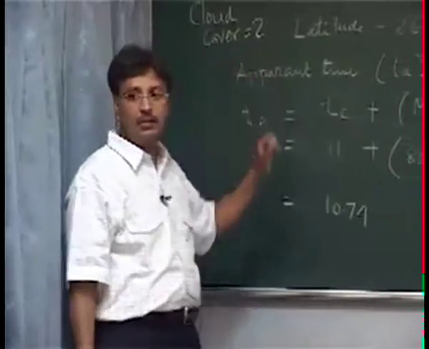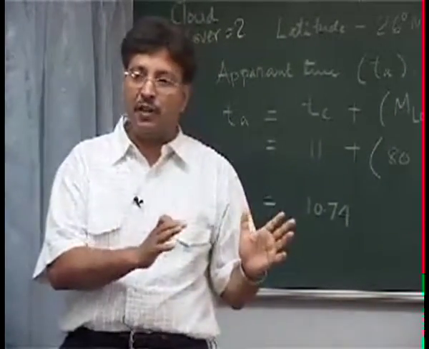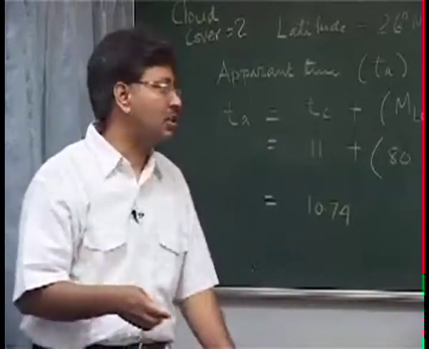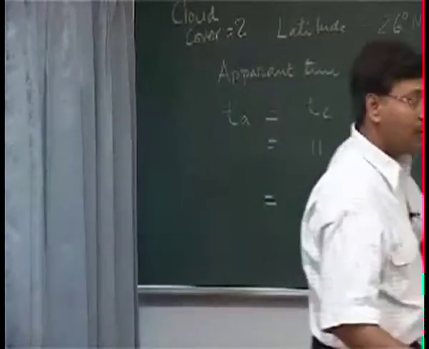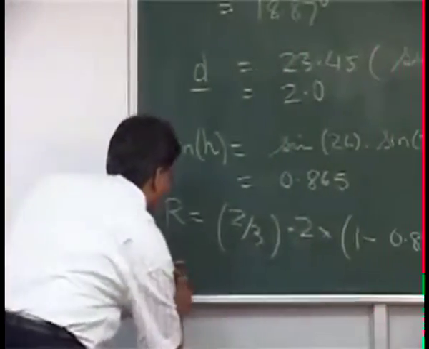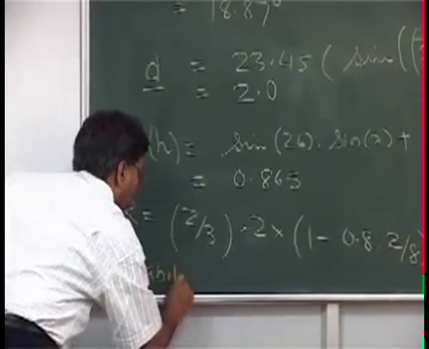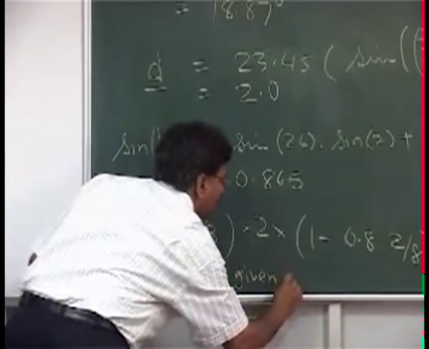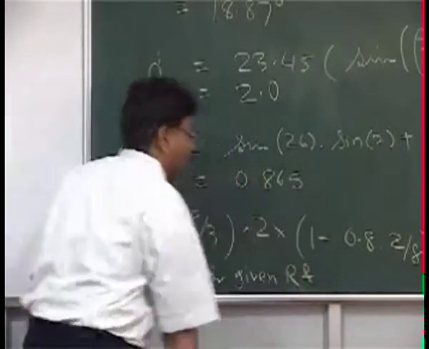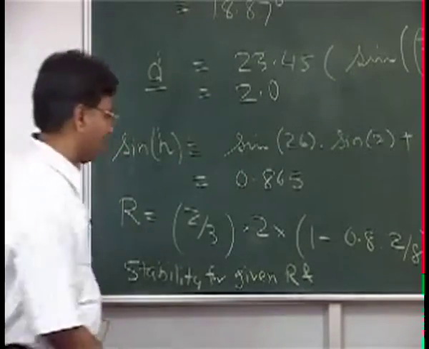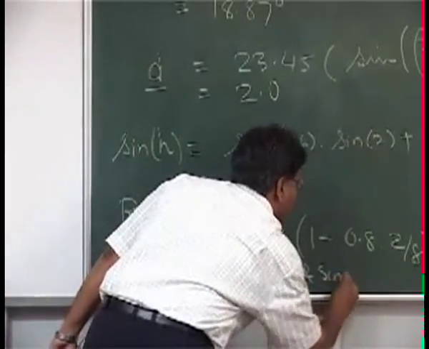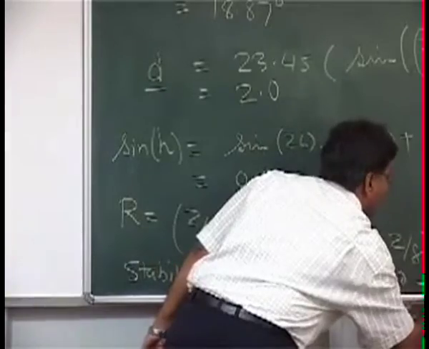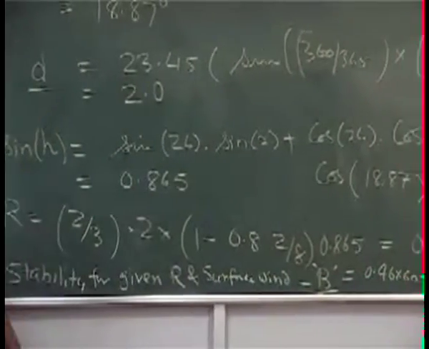Okay, go back to the tables which we gave you about the surface wind, and you expect it to be B. So the stability, after going back to the original tables, for given insolation and the wind speed, surface wind, came out to be B.